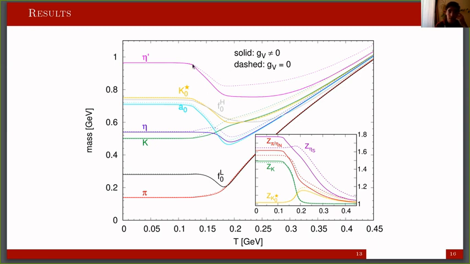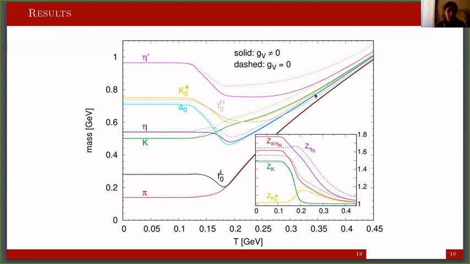Maybe the most important thing is that one can see already at the 2016 level that the chiral partners' masses get to be degenerate after the symmetry restoration, and all the masses are directed towards the same direction, so it does not really get degenerate, but they tend to each other for the higher temperatures.